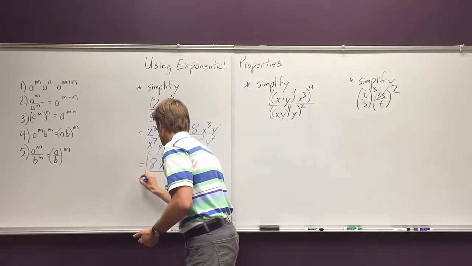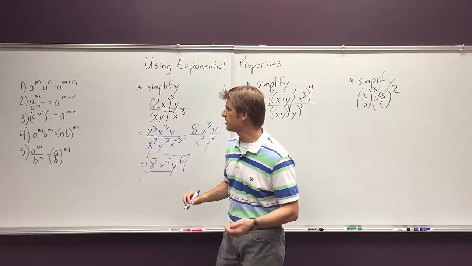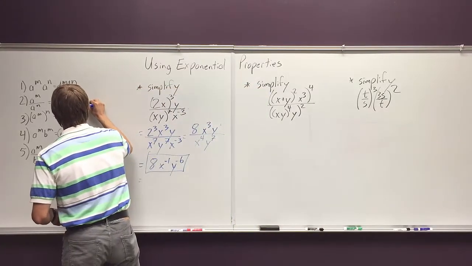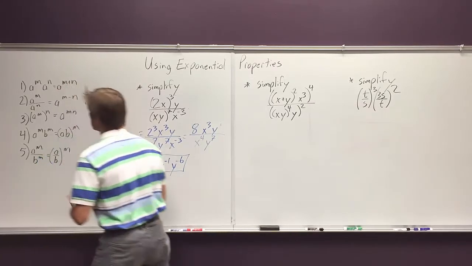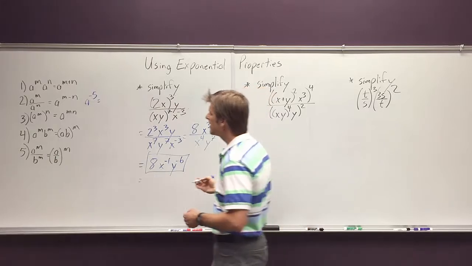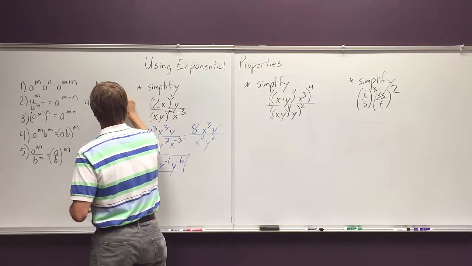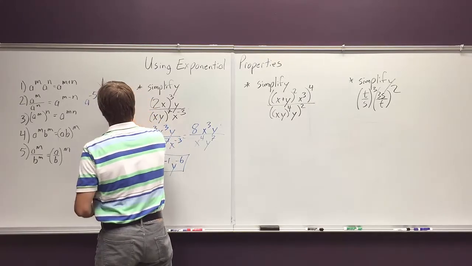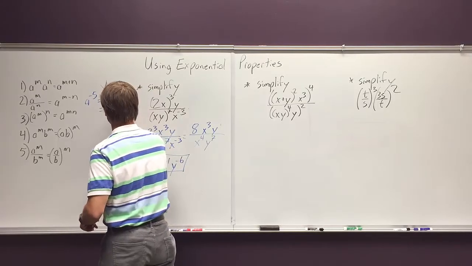Another appropriate answer would be to say, you know, this rule tells us, actually, that a to the negative 5, for instance, is actually just a to the 0 minus 5, which is actually a to the 0 over a to the 5.